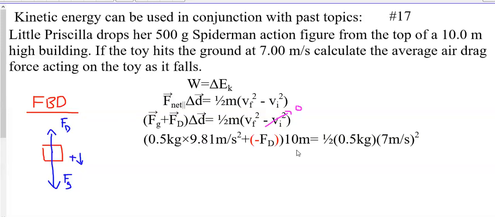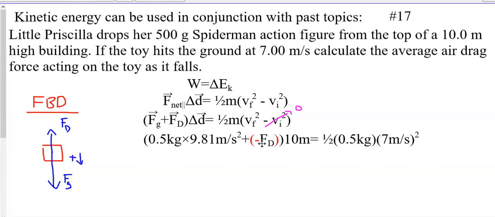So if you substitute in all your parameters, so your mass, your weight, your displacement, the 10 meters that Spider-Man dropped, I didn't follow sig figs as I typed this out. And of course, your 500 grams, your 7 meters per second when he hit the ground, so that'll have to be squared. So just plugging in everything that we know so far, this is what it looks like.